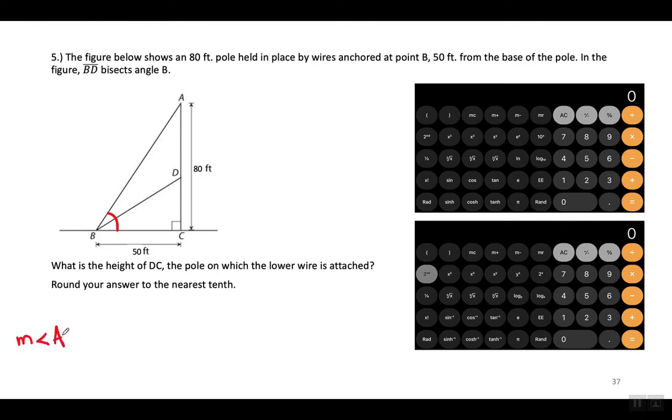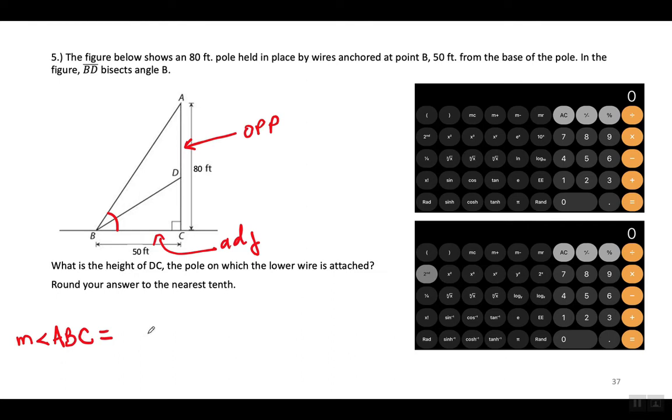So the measure of angle ABC equals, okay, now from the point of view of angle ABC, which is this angle right here, 80 and 50 are what sides? 80 is the opposite, and 50 is the adjacent. And which trigonometric ratio compares the opposite and the adjacent side? That would be tangent.